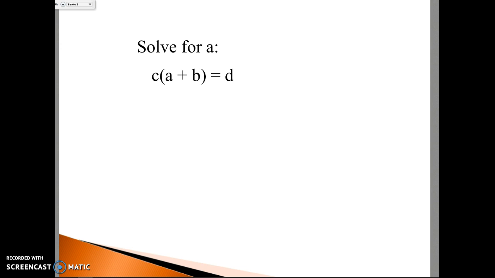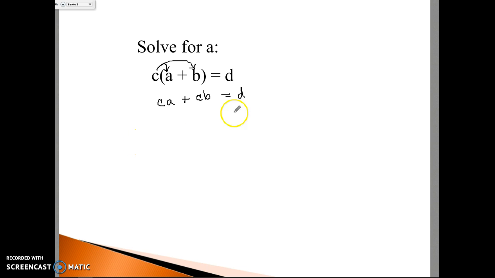Another example, if we want to solve for a, the first thing we have to do with this one is to apply our distributive property so that we can get our a term by itself. And the distributive property has us multiplying c times a and then c times b. So c times a, we can write it as ca plus c times b is cb, all set equal to d.